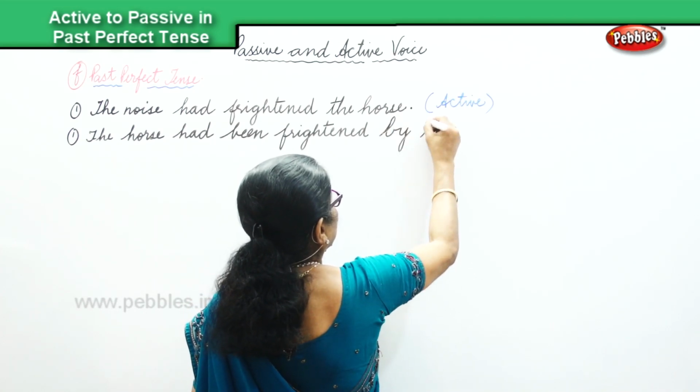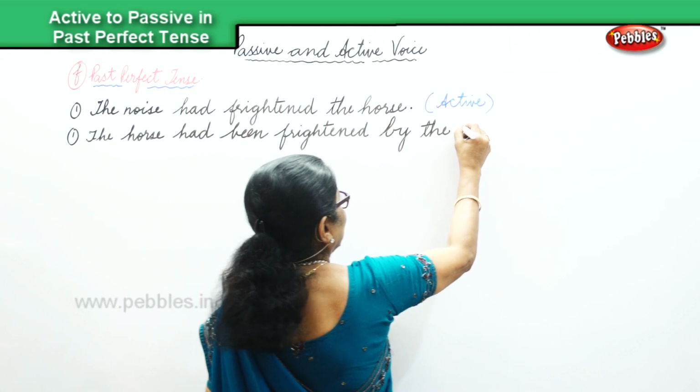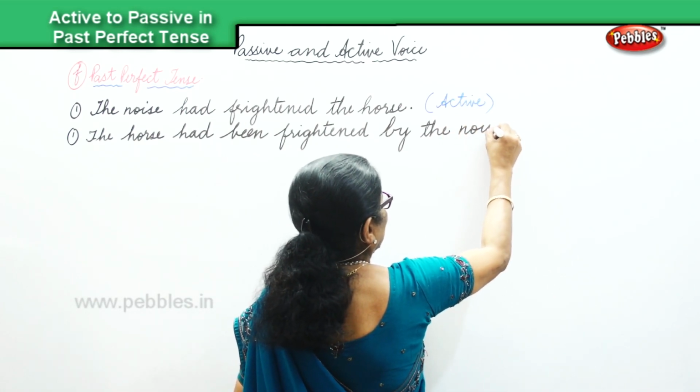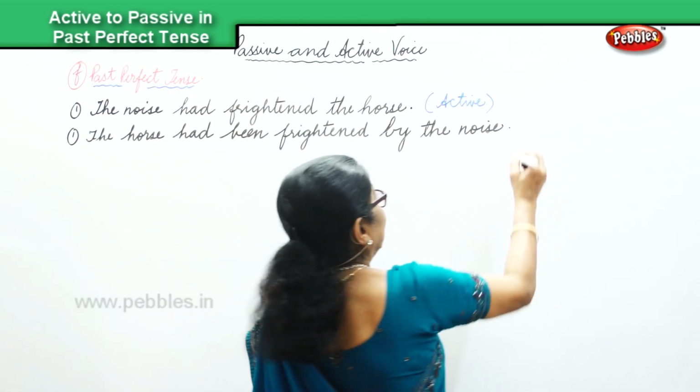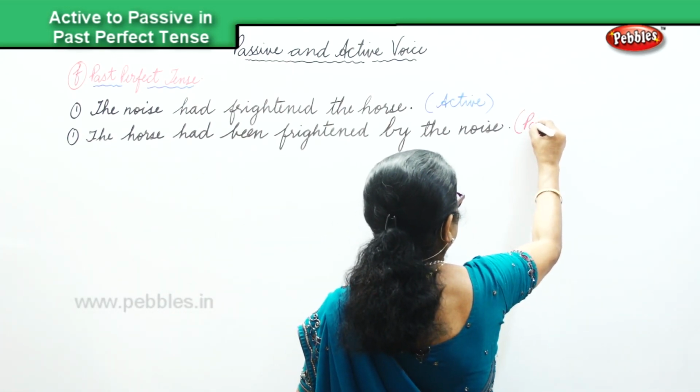By the noise. The horse had been frightened by the noise, and that is in the passive voice. Very good.